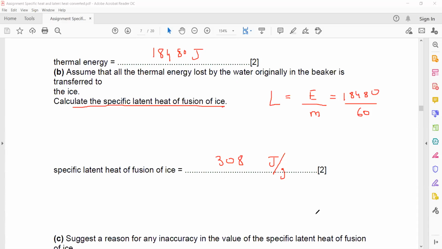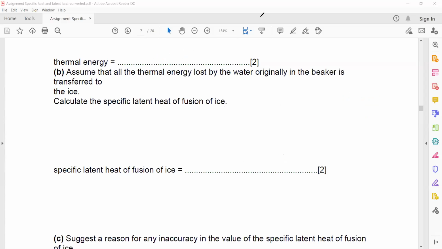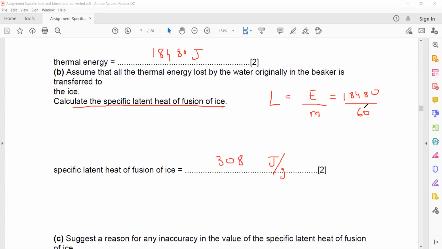The reason is that because the mass is given in grams, you can write your answer in joule per gram. If you want to convert into joule per kilogram, that's up to you. The only thing you have to do is convert this 60 gram into kilogram. Divide by 1000 and then solve, you'll get the answer.